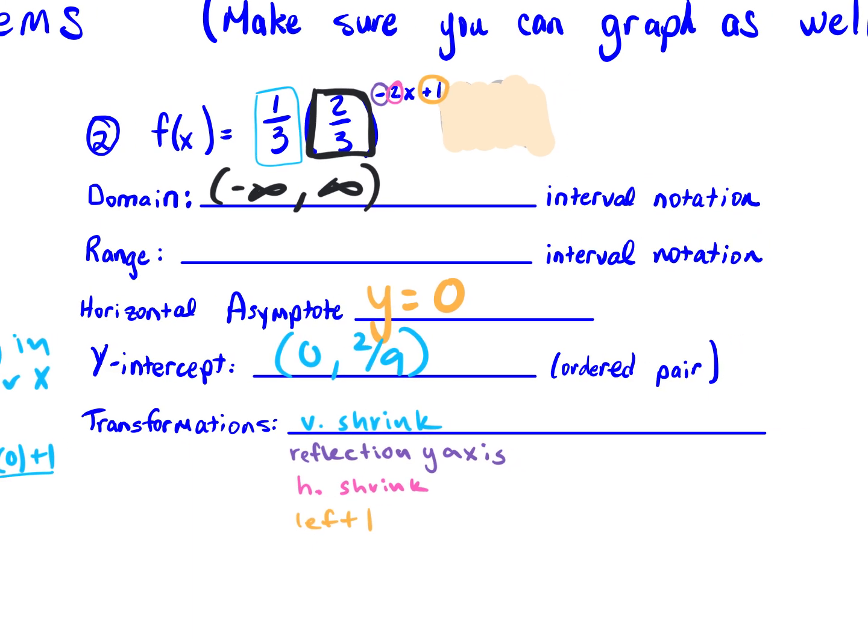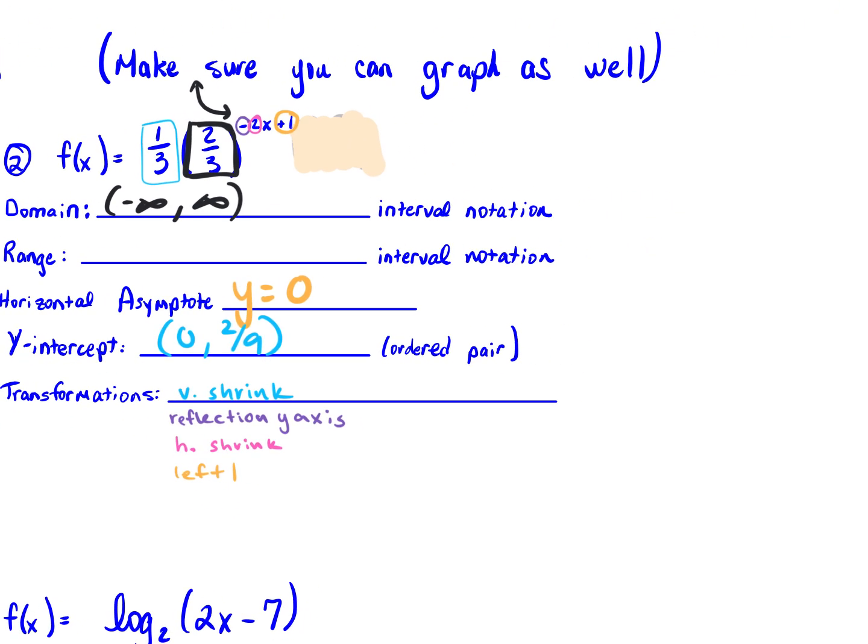Decay, because it's less than 1, so our graph would be decreasing, but that will change if we have transformations. If we have a transformation that'll flip it, that could change. So typically, when we have exponential decay, our graph would look like this, but we have a reflection on the y-axis.